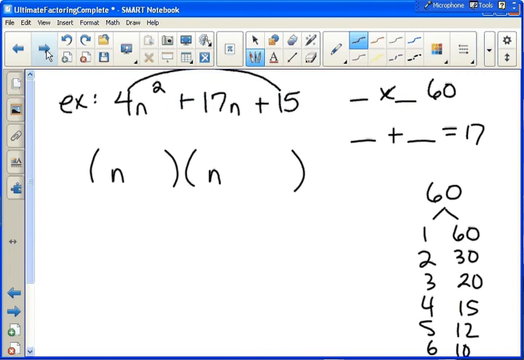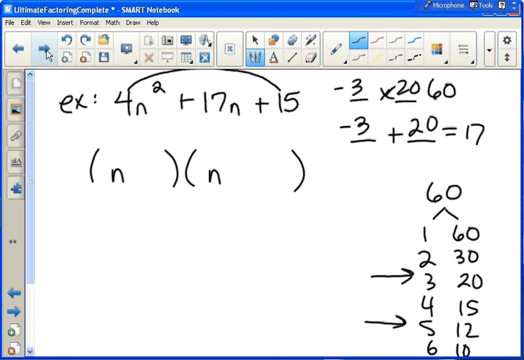And which of those will add up to 15, or excuse me, 17? Well, there's actually two, so we're going to have to see which one works as far as the signs are concerned. If I use 3 and 20, that would have to be a negative 3 and a positive 20. That doesn't multiply to be positive 60, which is what we need.